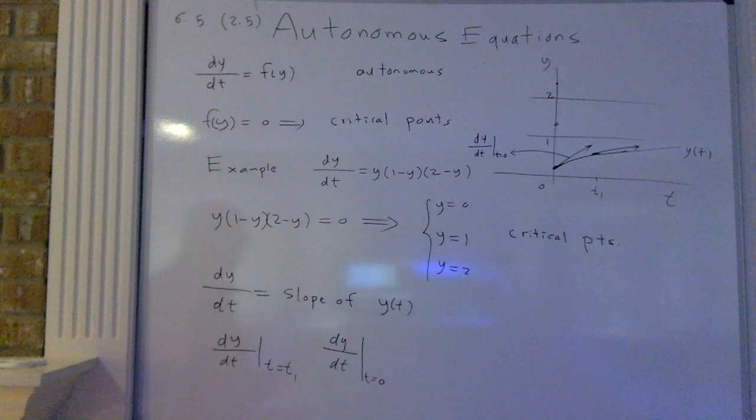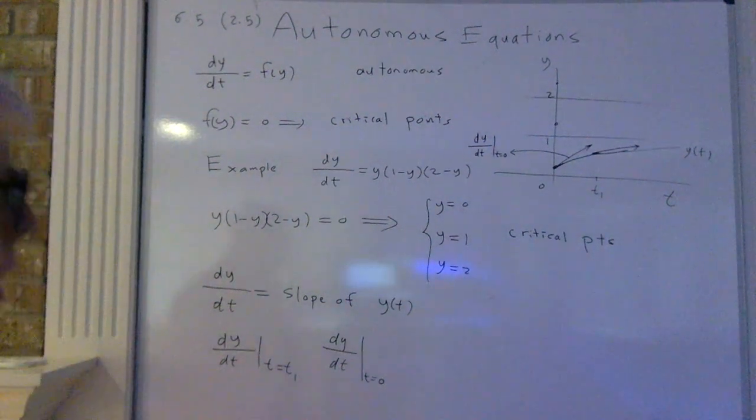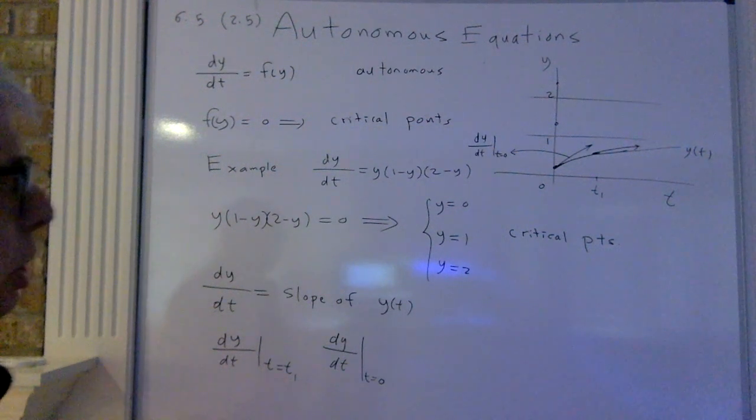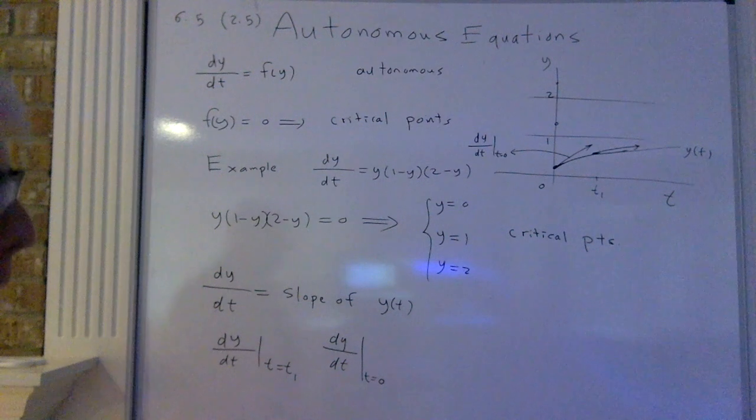Since on the right side I have y and not t, I have to put the value of y at time 0 in this equation and find the value of dy/dt.